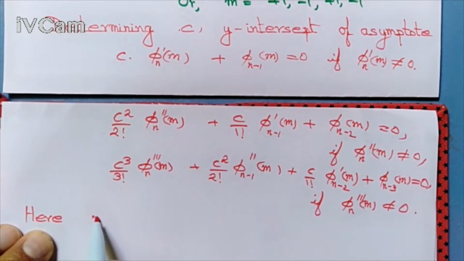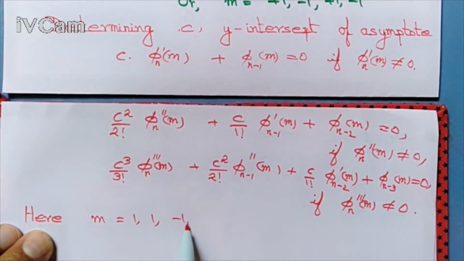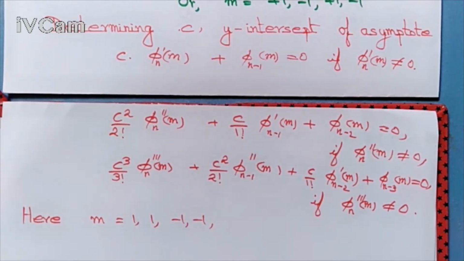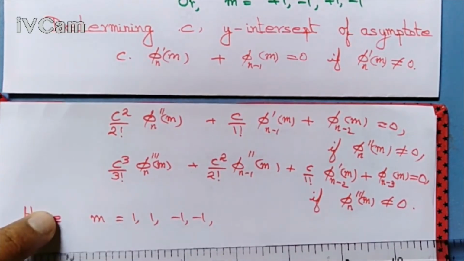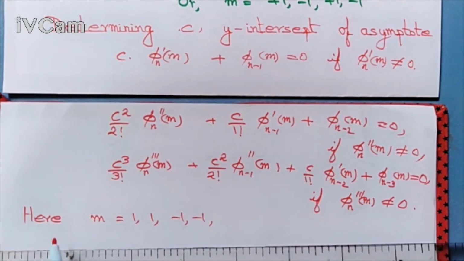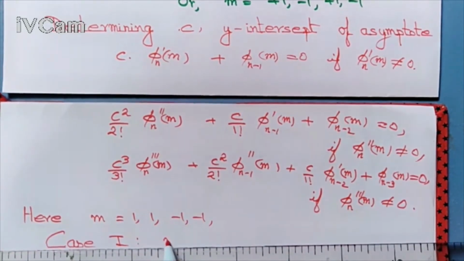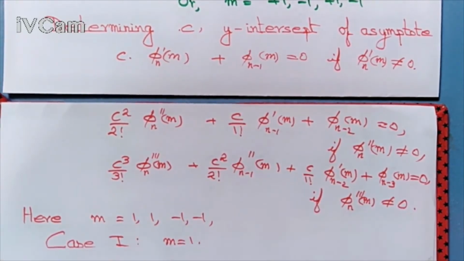m equal to 1, comma, 1, minus 1, comma, minus 1. Let's take first case, Case 1, m equal to 1.